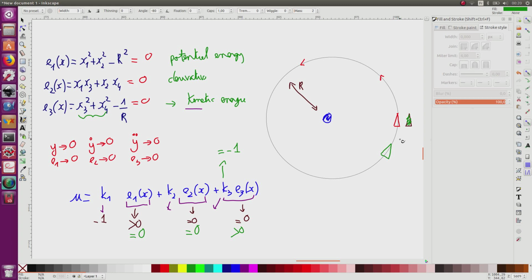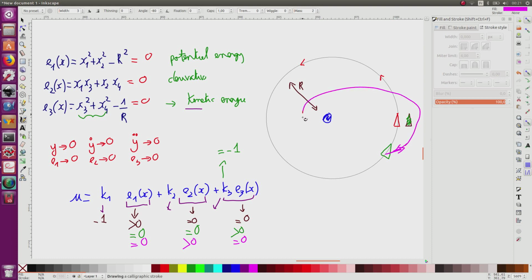Now the last situation I will consider is this one is positive, this one is equal to 0, so I have the right kinetic energy, the right potential energy, but here the E2 is not equal to 0. It means that the potential energy increases. So probably I move in this situation, and I will perform something which is also an ellipse, such as, for instance, this one.